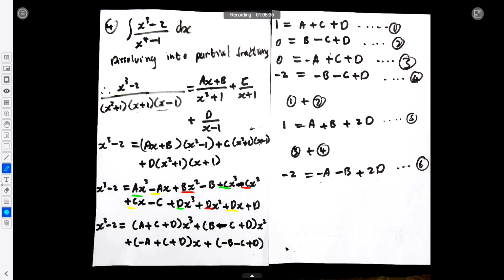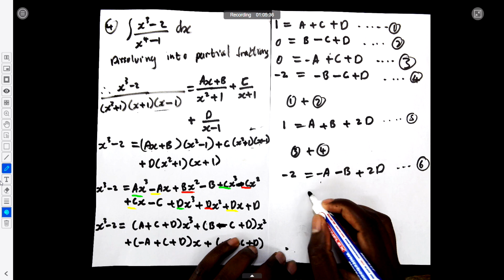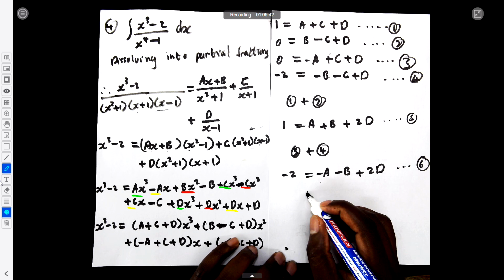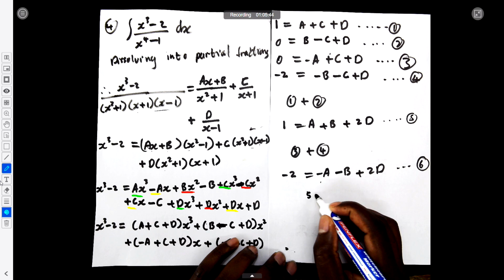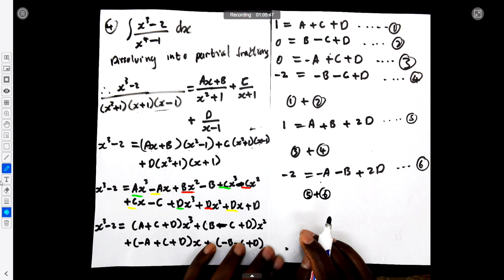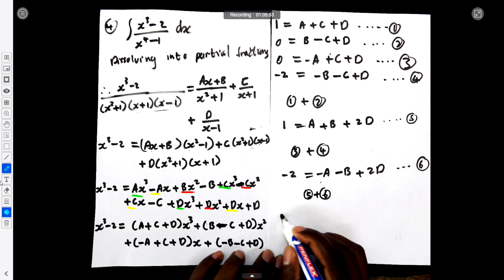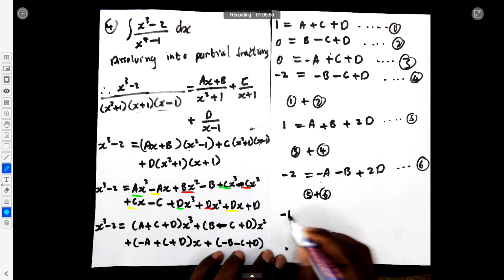We can try and do the same elimination method and say, let us try equation 5 plus 6, isn't it? If you say 5 plus 6, what do we get? It's going to be 1 minus 2, it's minus 1.